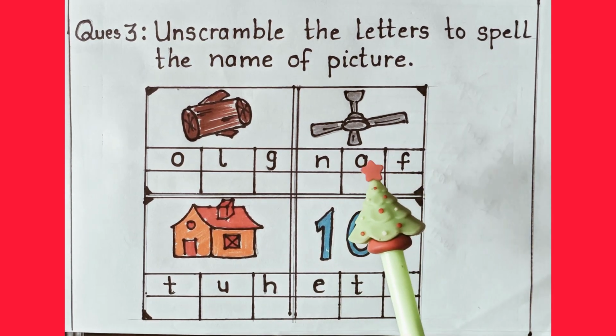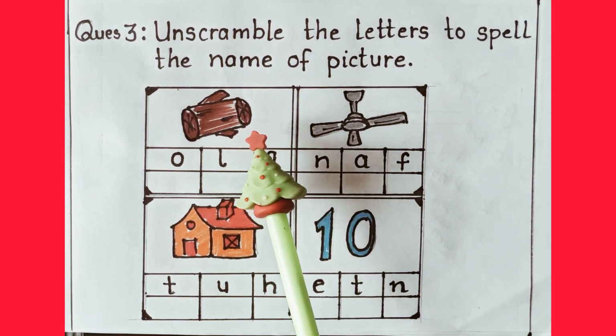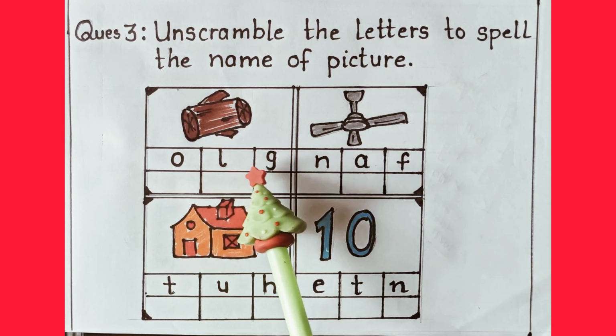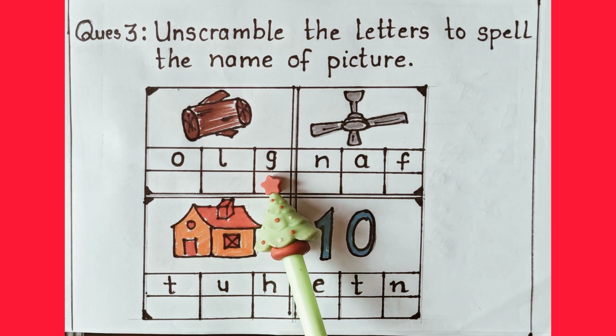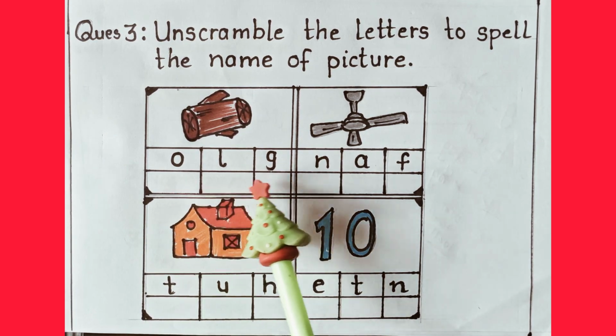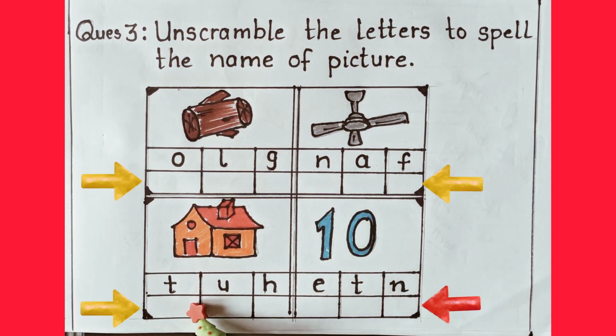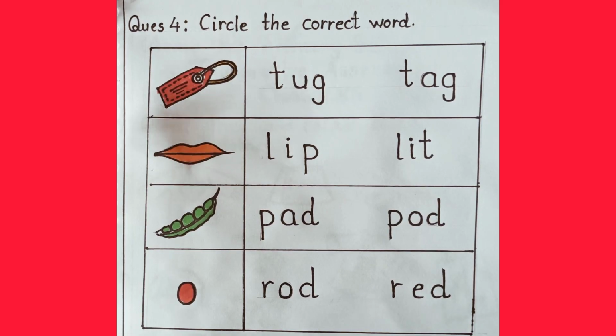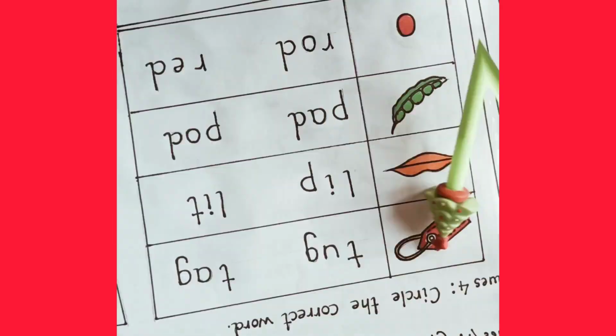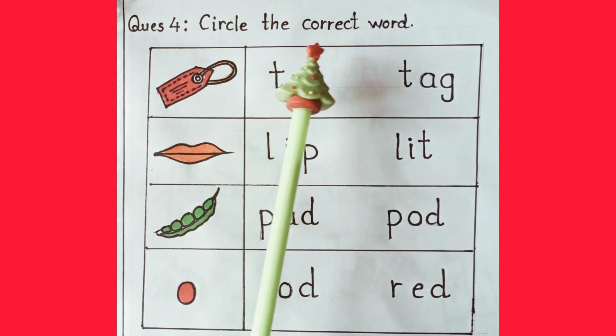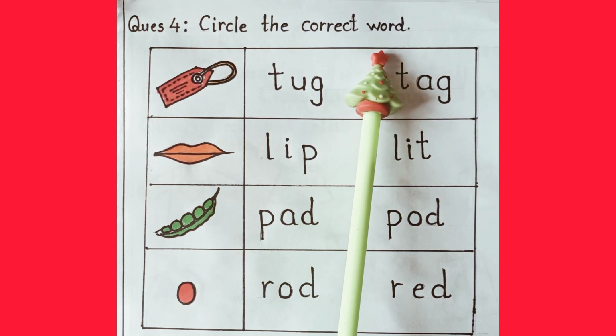First you have to speak the name of picture and then according to the name of picture you need to rearrange all the letters and write the correct spelling of the picture in these boxes.